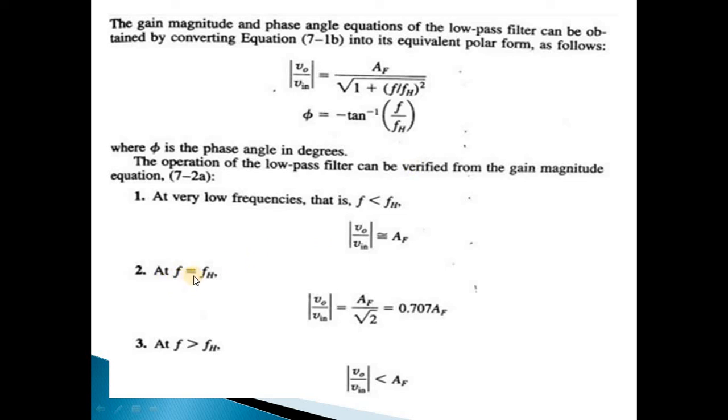At f equal to fH, the magnitude of gain will be equal to AF divided by under root 2, that is 0.707 AF. At f greater than fH, the magnitude of gain will be less than AF. It means that gain falls at higher frequencies.